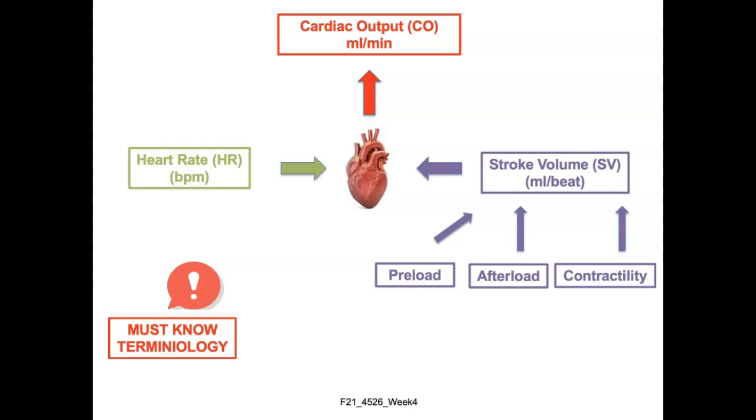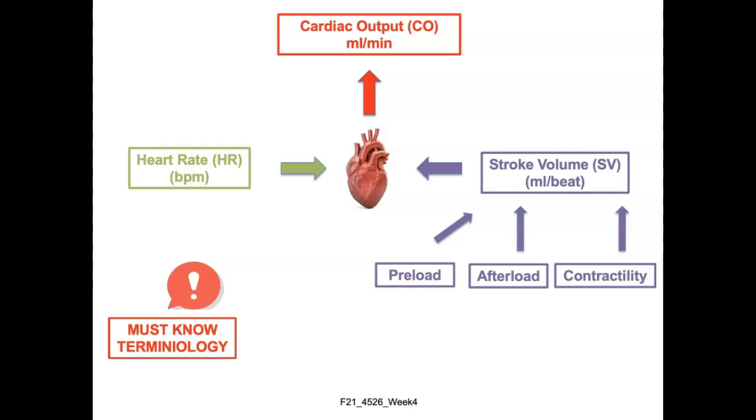So we think about preload. Preload is the amount of blood that's returning to the heart that the heart must then manage. So it's also known as the left ventricular end diastolic pressure, and it's the amount of stretch that the ventricle has at the end of diastole.